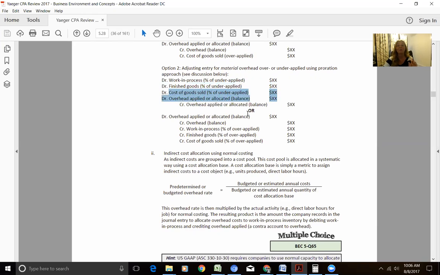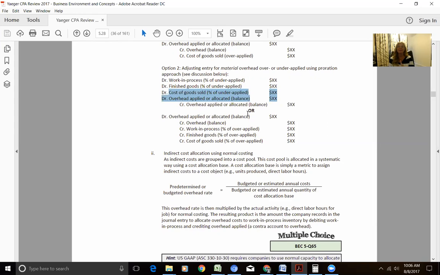That's what I mean by a proportional allocation of that balance, so that we can accomplish the goal of bringing our overhead account to zero, and that we do so appropriately when it's material.